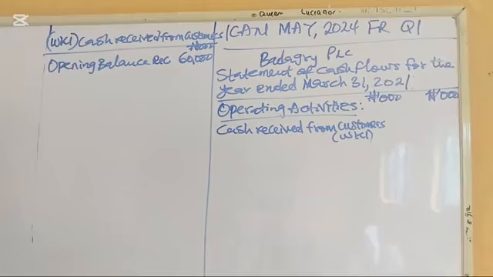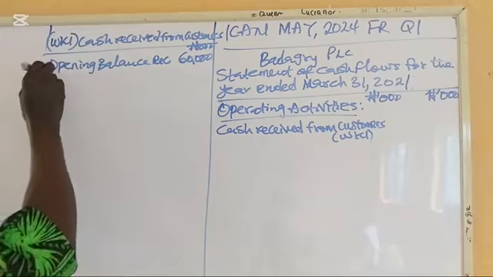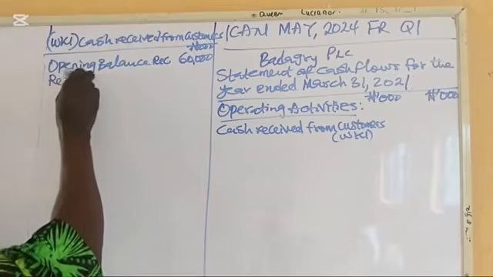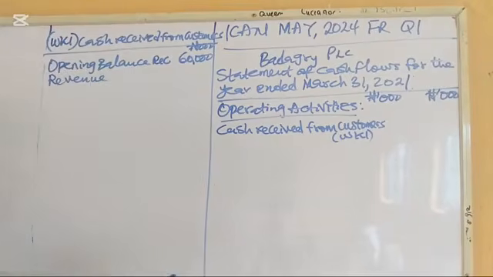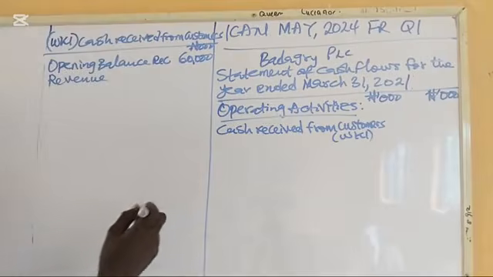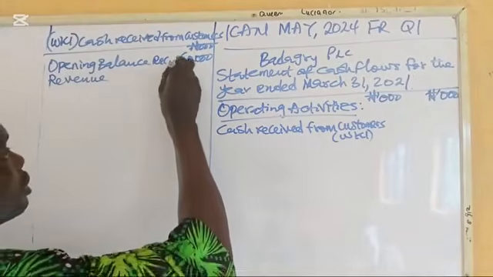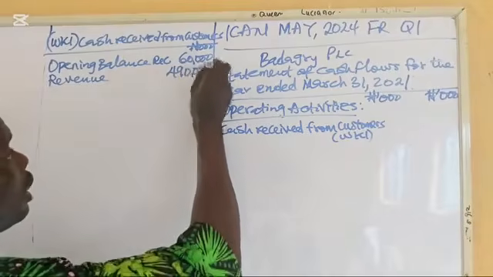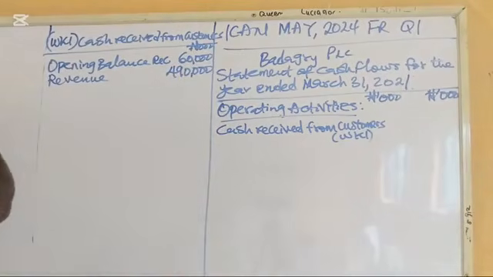Or 60 million. Followed by what? Revenue. How much is the revenue? 490. Yes.